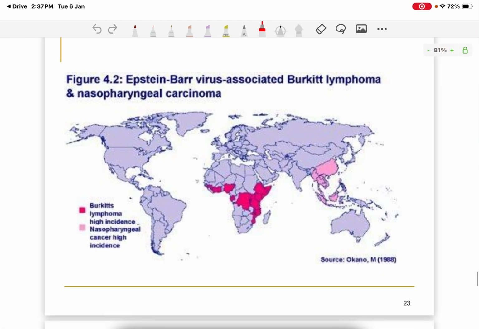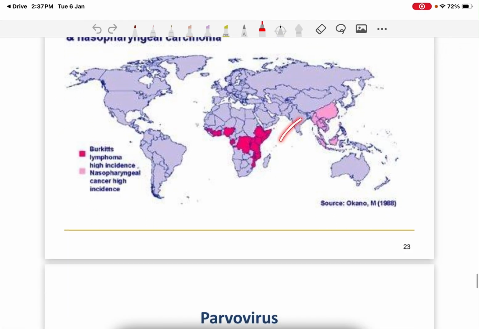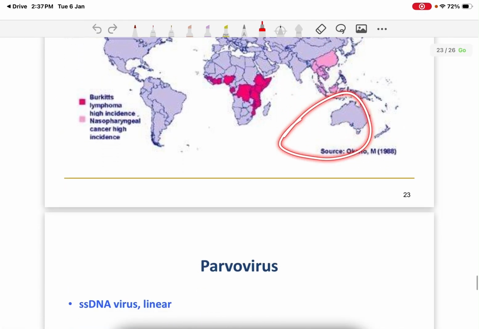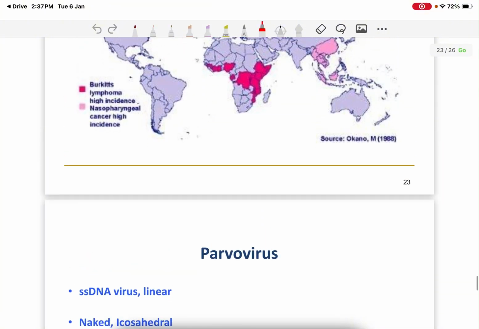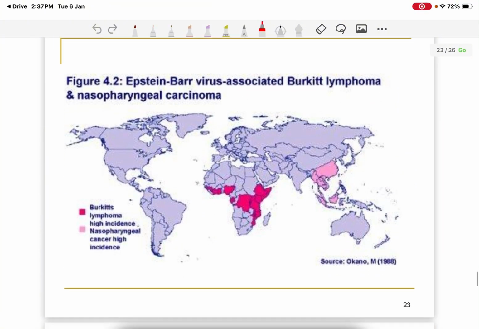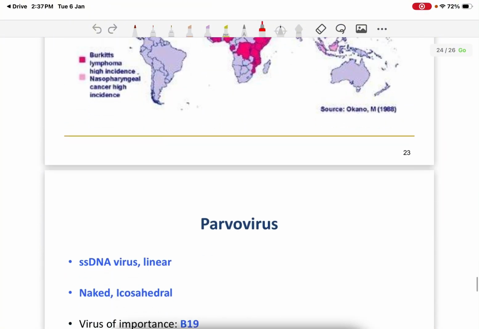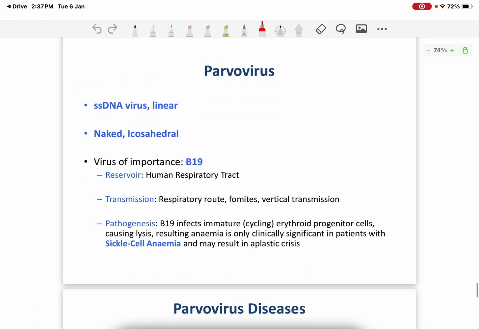In terms of the incidence, we can see a marked incidence for Burkitt's and nasopharyngeal carcinoma. Both are connected to Epstein-Barr virus. So this is the story of infectious mononucleosis, the kissing disease.